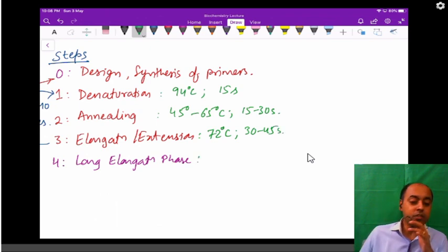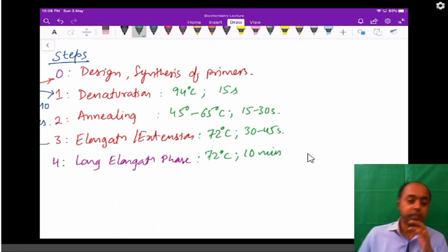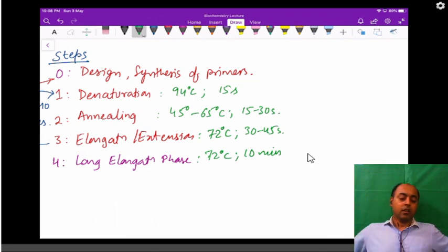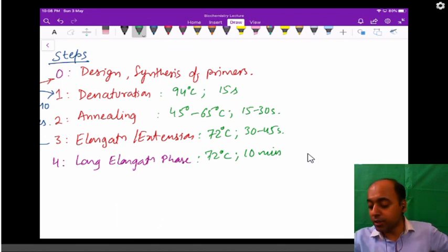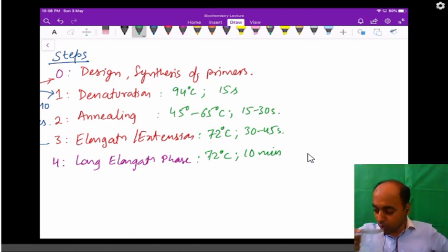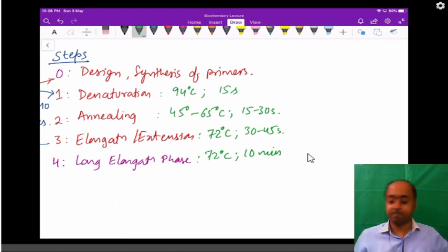However, the long elongation phase also occurs at 72 degrees Celsius, but typically it runs in minutes, 5 to 10 minutes. 5 to 10 minutes required for the long elongation phase. This ensures that incompletely formed DNA fragments are not available because they will make our interpretation very difficult.